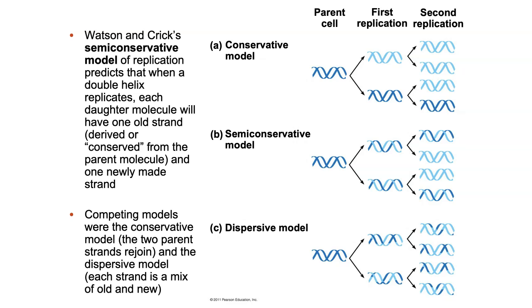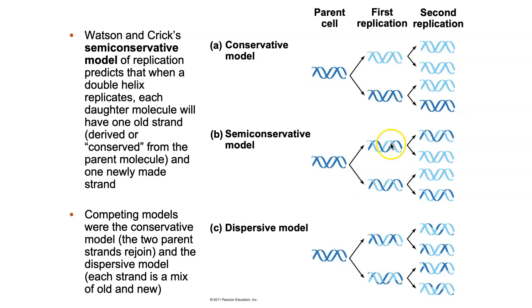So the correct model that we just walked through is called the semi-conservative model, right? We have one parent strand, which we're showing in the dark blue, and they separate and each become a template for two daughter strands. So this is why they are semi-conservative.